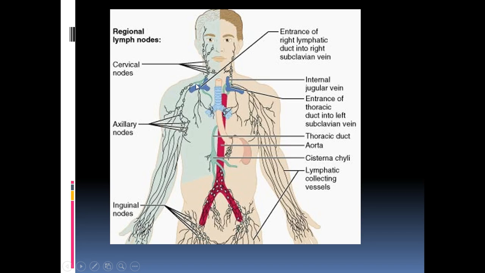While the thoracic duct will pick up tissue fluid from the left side and lower part of the body to be drained at the left subclavian vein. So there are 2 points where lymph is drained back to the blood vessels. First one is between the right lymphatic duct and the right subclavian vein, and the other.